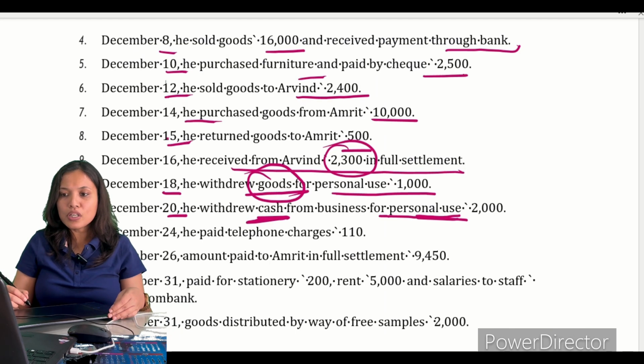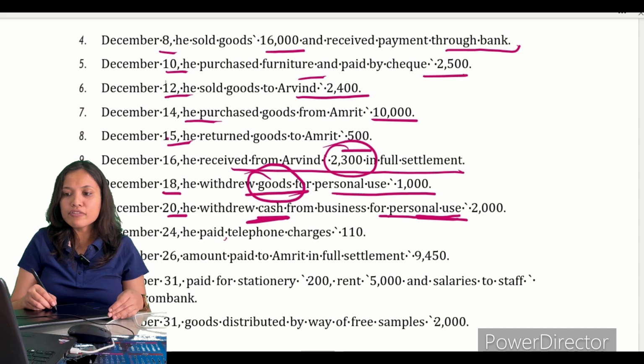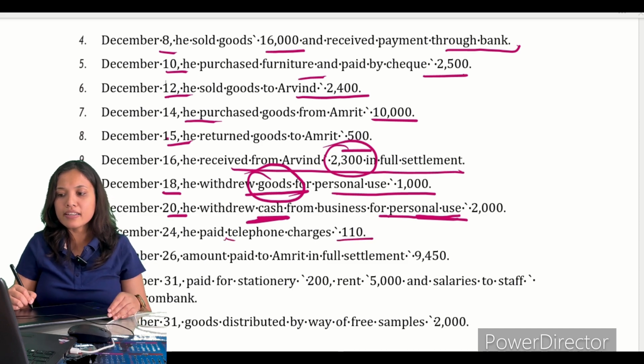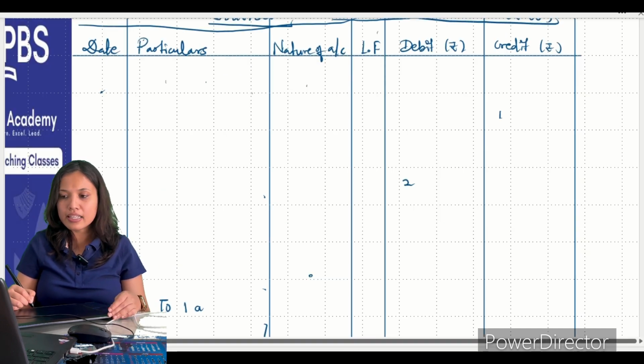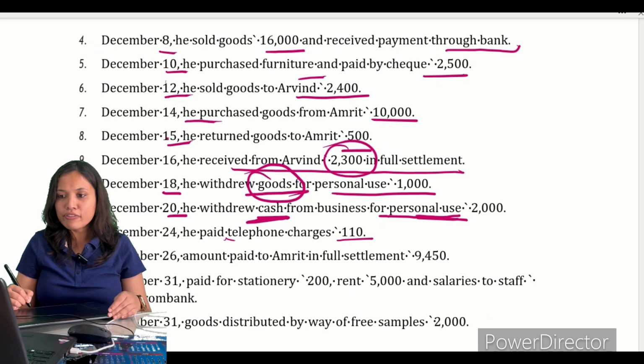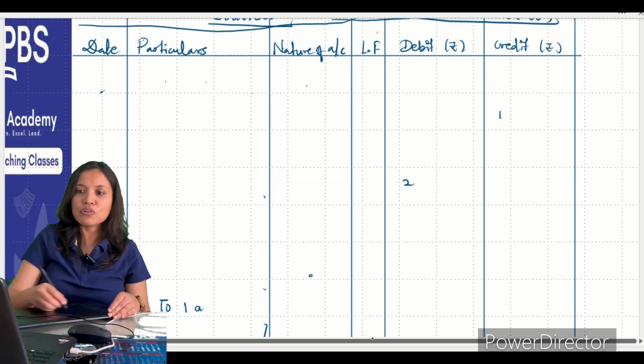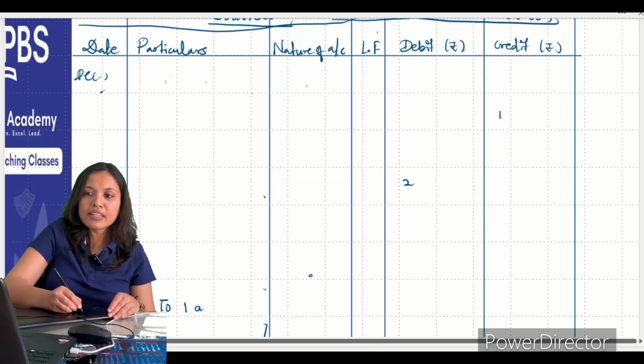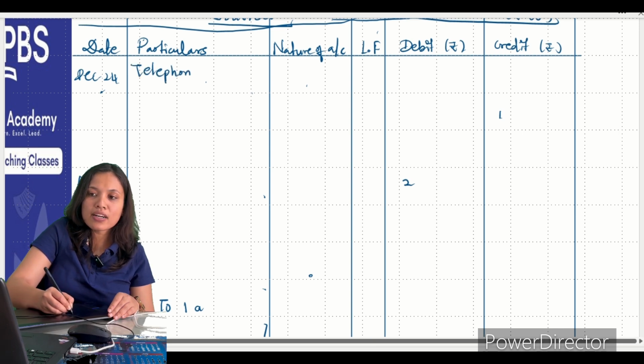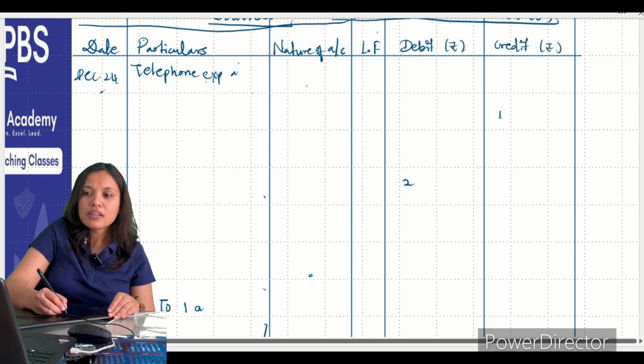Chalo. Move on. He paid telephone charges rupees 110. Very simple. Again, what's the date? I forgot to see the date. Telephone charges December 24. So write down December 24. Paid telephone charges is my expense. So telephone expense account debit, to what is paid?